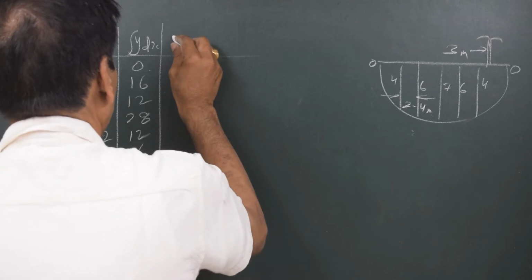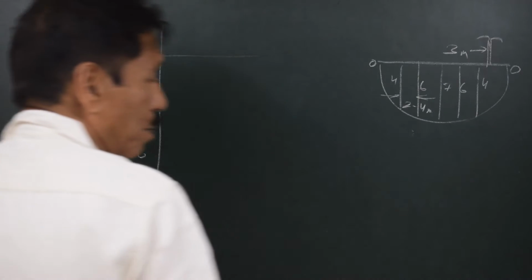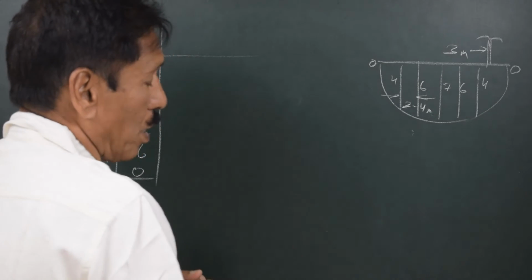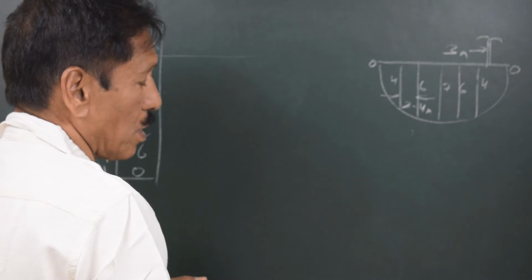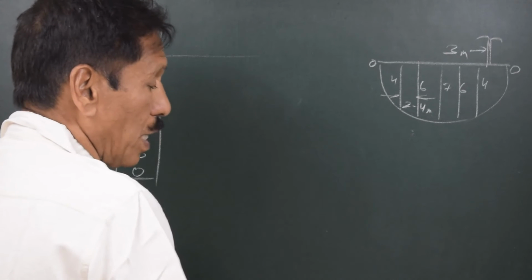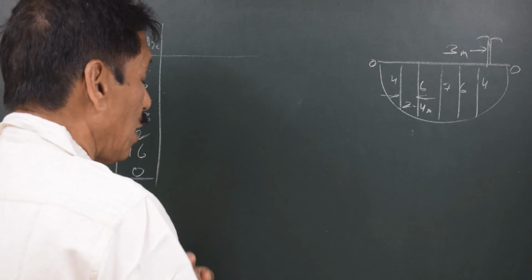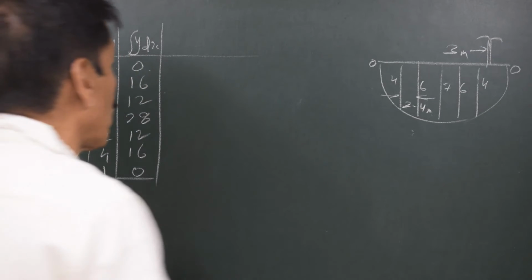And hereafter we don't have lever, because in the previous type where the ordinates were parallel to the reference axis, we had the concept of lever. Column number 4 was lever. Here there's no question of lever.